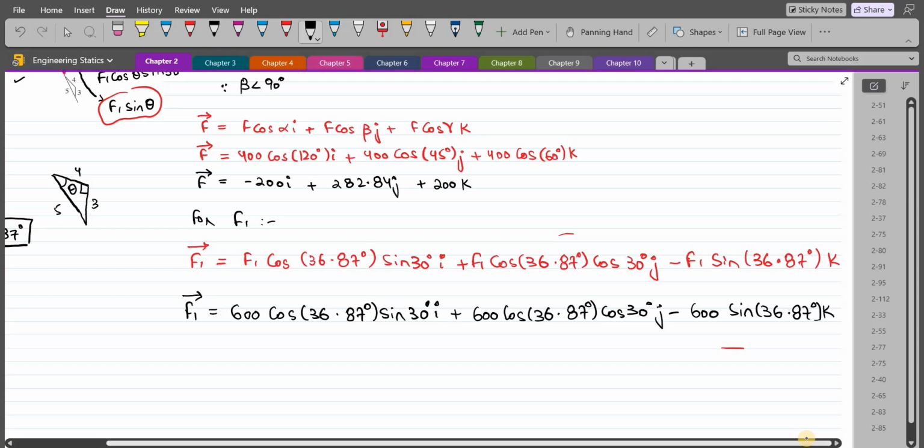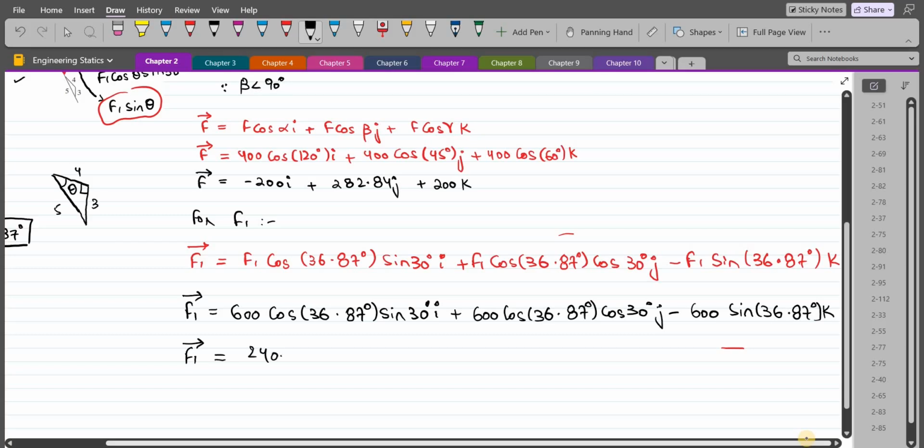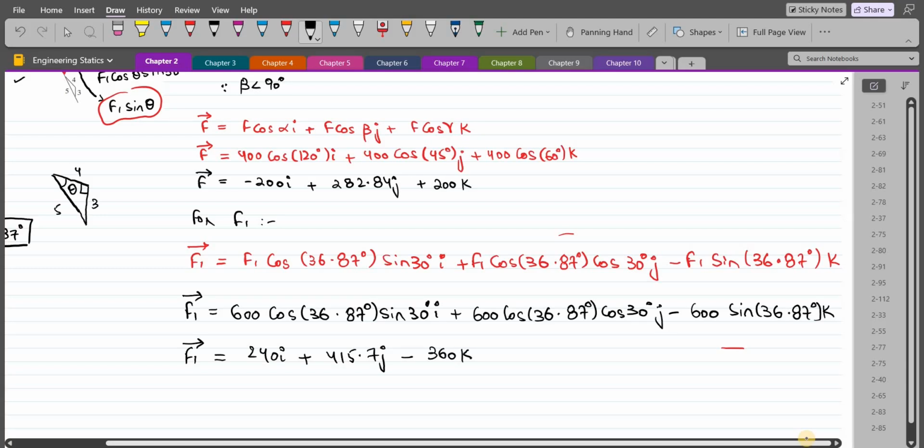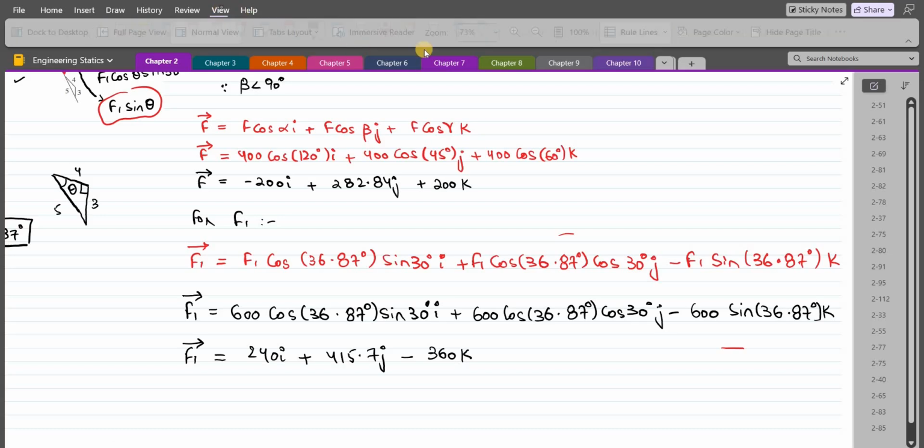Upon further simplification, F1 equals 240 i plus 415.7 j minus 360 k. So this is the force F1 in Cartesian vector form.